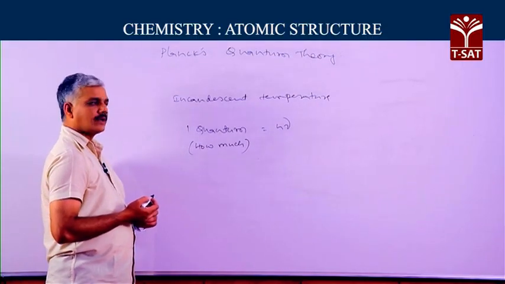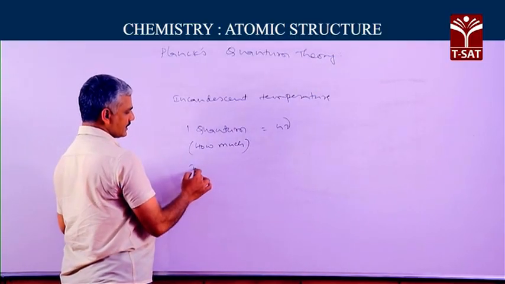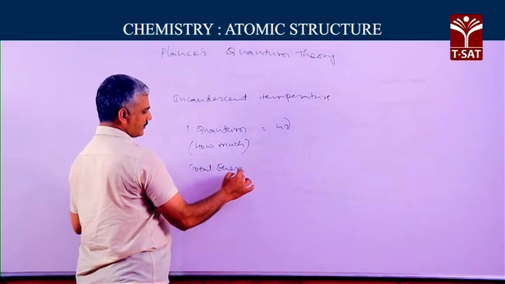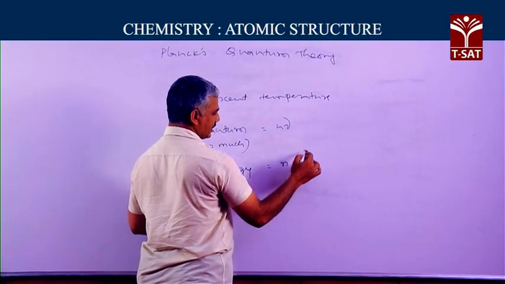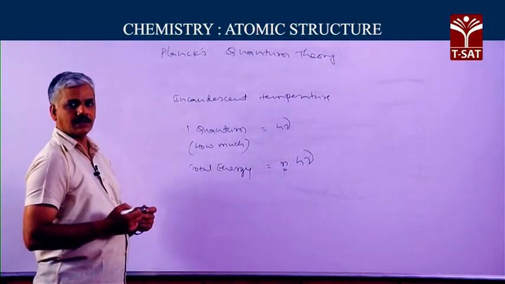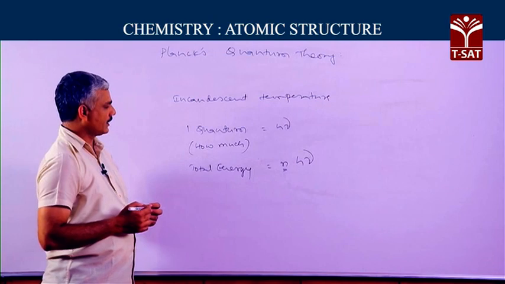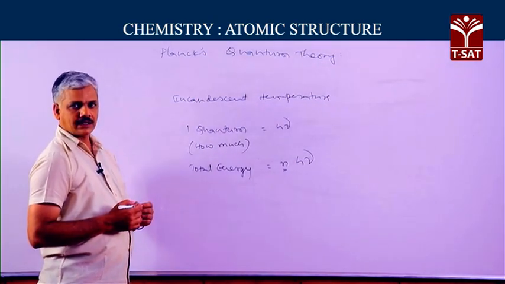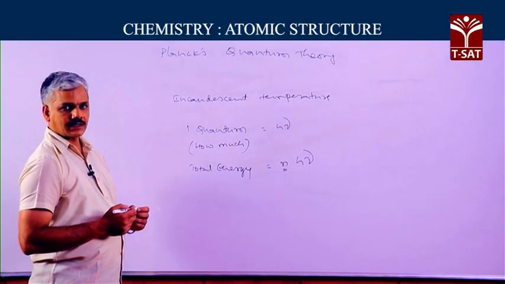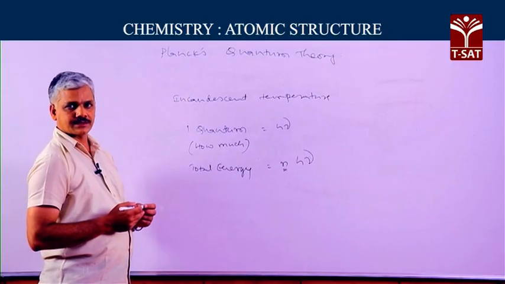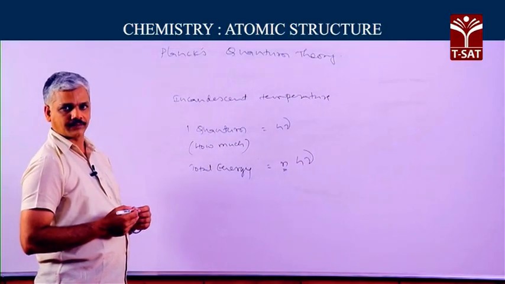The number of electromagnetic waves emitted can be calculated by using this relation: total energy emitted is equal to n into h nu, where n stands for number of electromagnetic waves emitted by the source of radiation. N value will always be integral in nature, and according to this concept, electromagnetic waves are purely treated in the form of waves. Each wave is given this specific name called quantum.